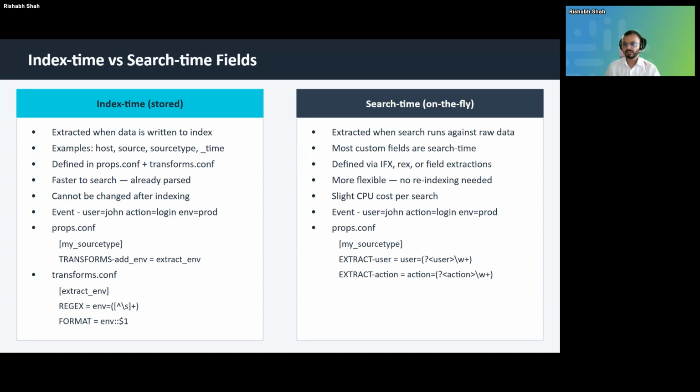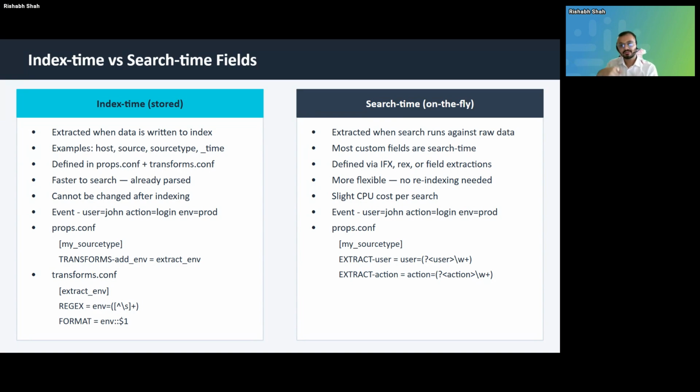The only caveat is that everything comes with a cost, right? A slight CPU cost per search can be incurred. But if I talk in layman's language, we are adding one line after our query. Simply from index, source type, or anything, if I now want to extract the user, we add one more line with pipe rex.